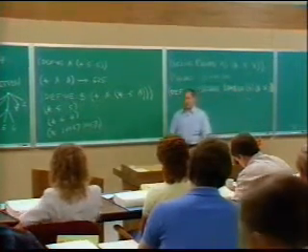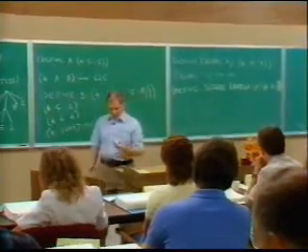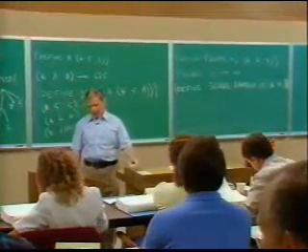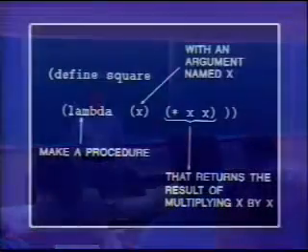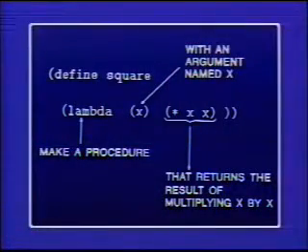Let's look at that more closely on the slide. The way I read that definition is I define square to be make a procedure, that's what the lambda is, make a procedure with an argument named x, and what it does is return the result of multiplying x by itself.